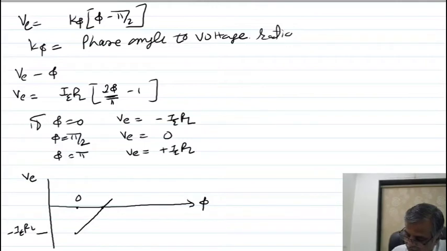For pi by 2, the output is 0. For pi, the output is plus IRL, and this is your minus IRL.